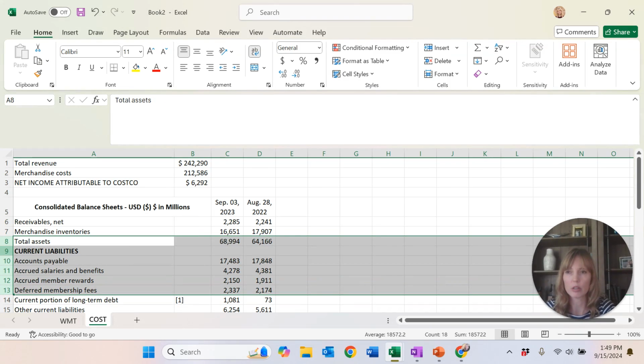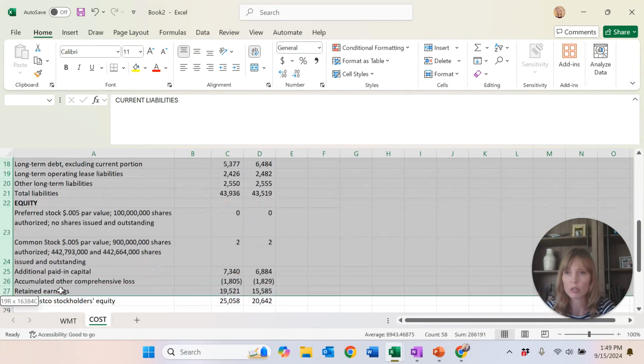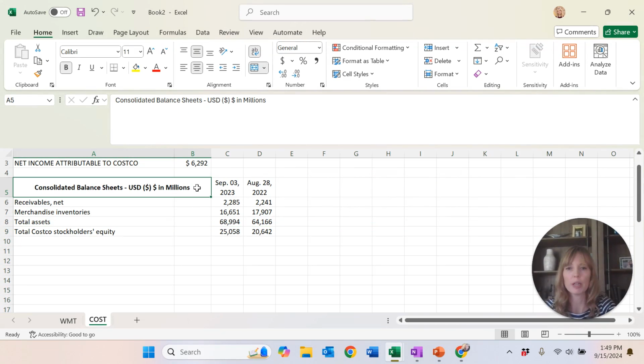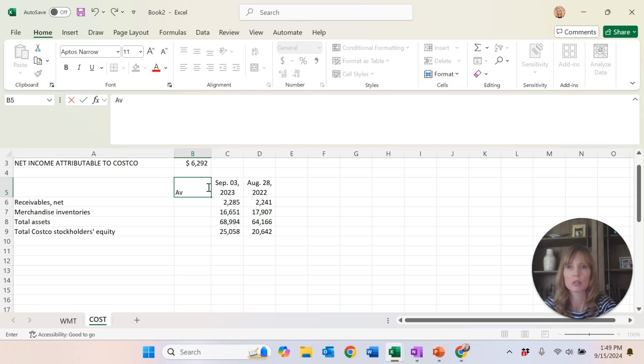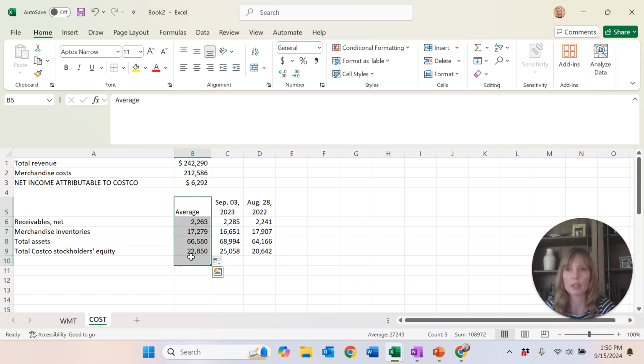The reason is these are the variables I'm going to need to calculate my activity ratios. Again, I'm going to calculate the average balances. I'm going to compare these average balances to the income statement items that I've pulled up here.